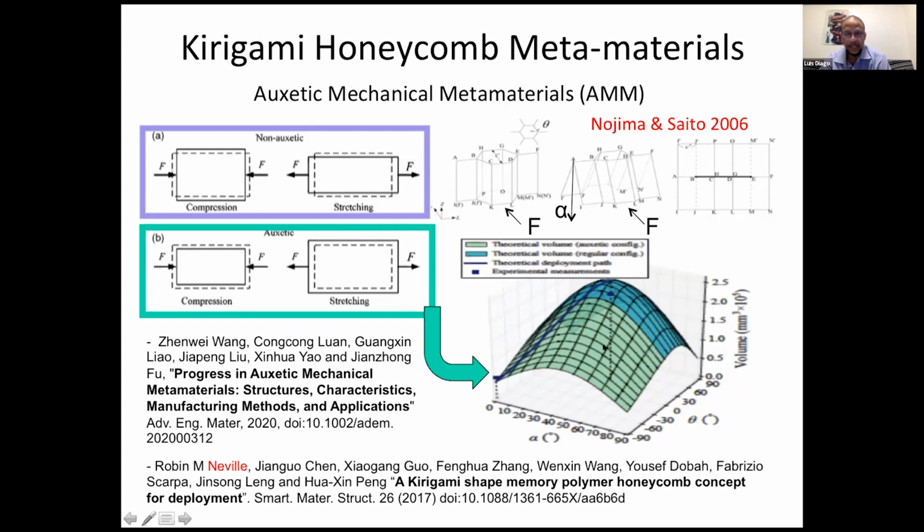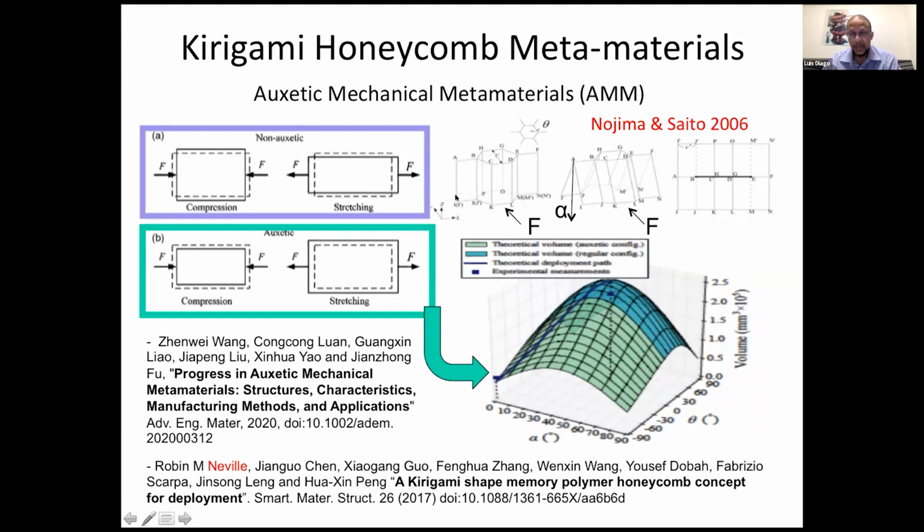The green part in the front is related with auxetic behavior, which was also shown by Professor Tachi, where you apply some force in some direction and the shape of the material will change uniformly in all directions instead of a non-auxetic material.